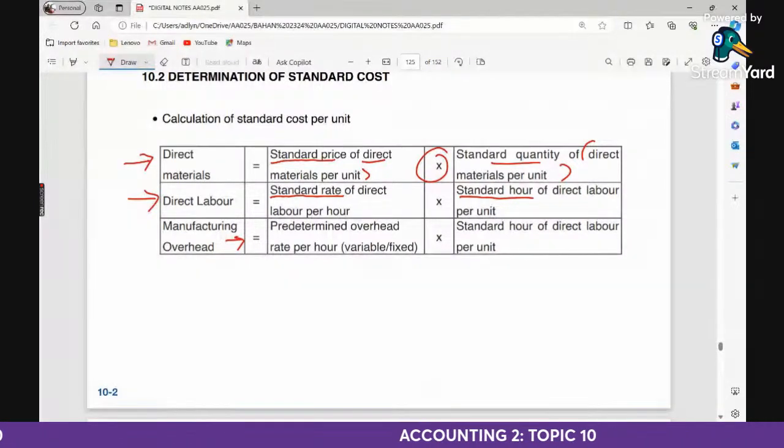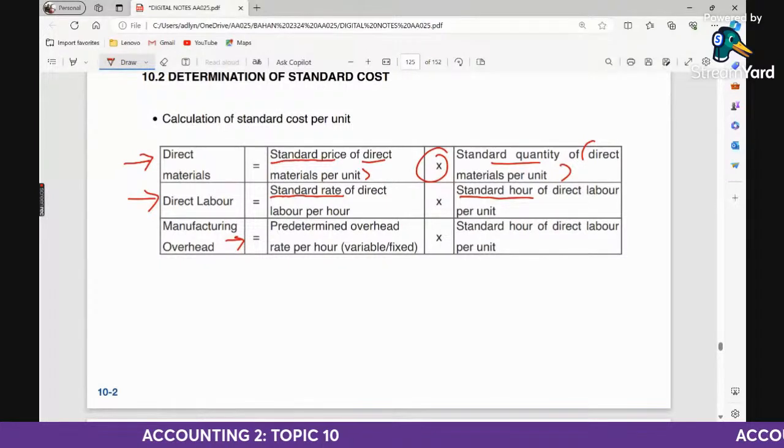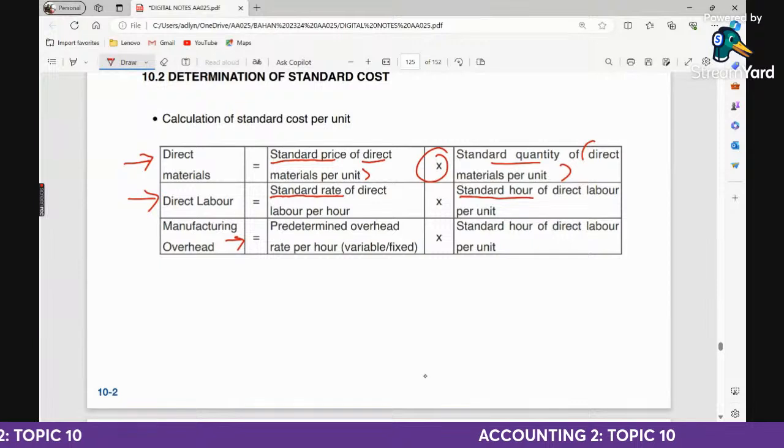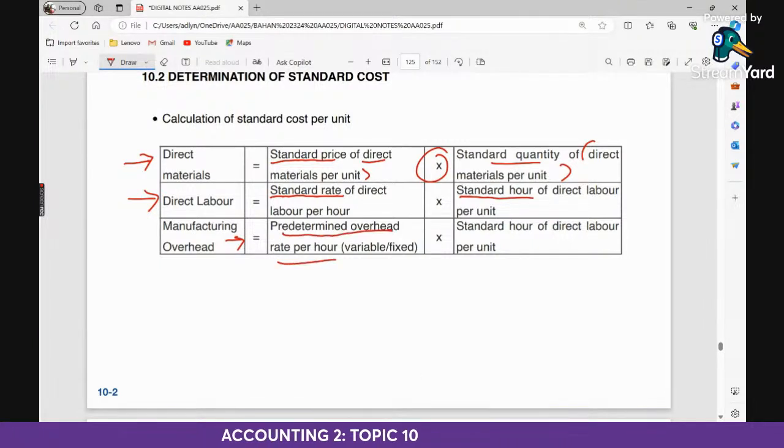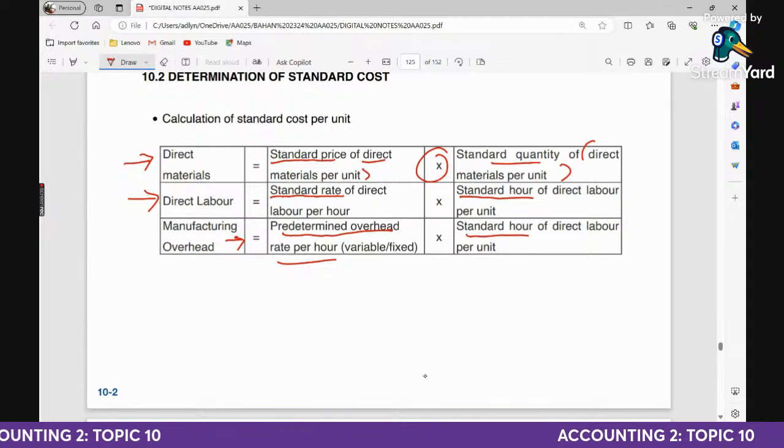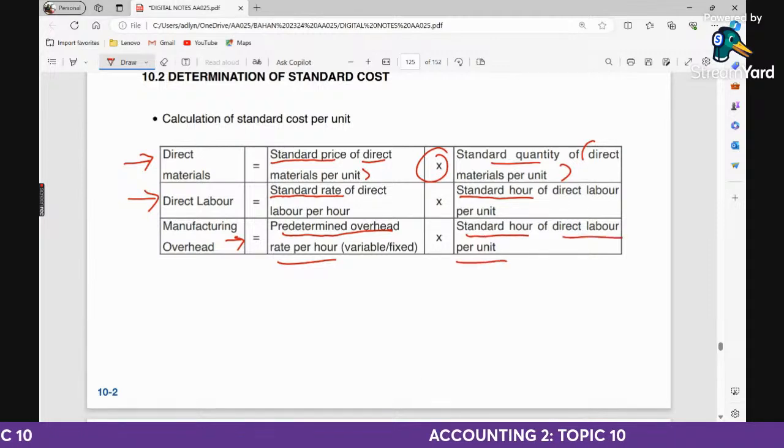That means kita akan asingkan untuk variable manufacturing overhead, dia akan ada variance dia sendiri. Untuk fixed manufacturing overhead, dia ada variance dia sendiri. So kita akan guna predetermined overhead rate, which is actually the POR, kita akan darabkan dengan standard hours of direct labor per unit. Okay, this is how you calculate the standard cost per unit.